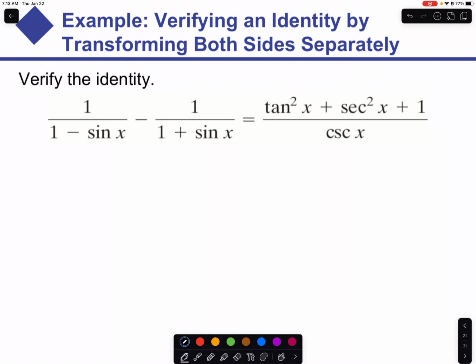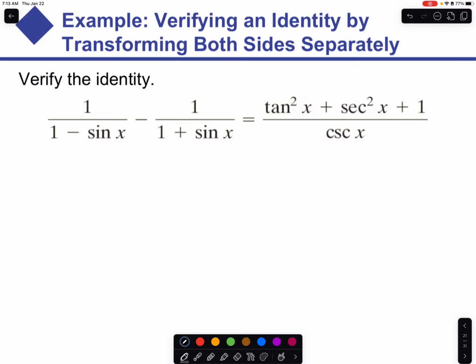I don't think it's necessarily that, although we are multiplying by the conjugate. What I'm going to do is basically get a common denominator. I'm just going to start with the left and finish with the right. One denominator we have is 1 minus sine of x. The other denominator is 1 plus sine of x. So the common denominator is going to be that left denominator times that right denominator, okay?